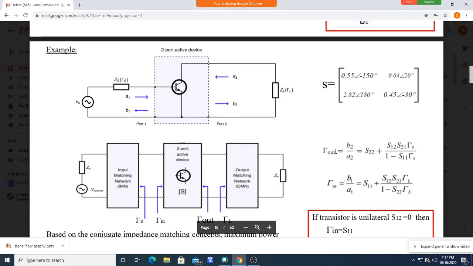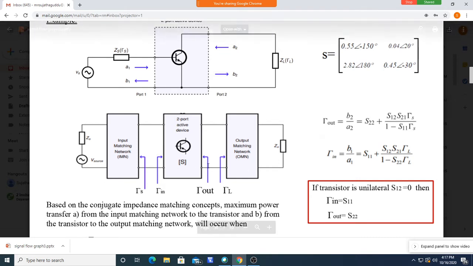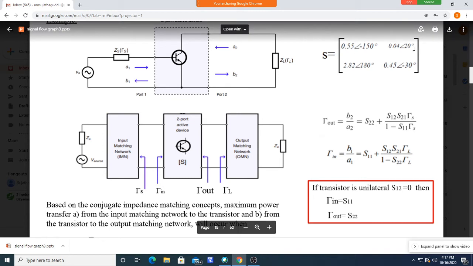Tau in and tau out depend on these S parameters of the device, S11, S12, S21 and S22.